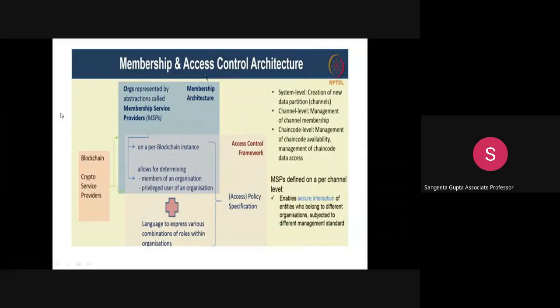Proceeding further, some more details about the membership and access control architecture in terms of security aspects. We have seen in the previous classes that pluggable components are very widely supported by this Fabric environment.